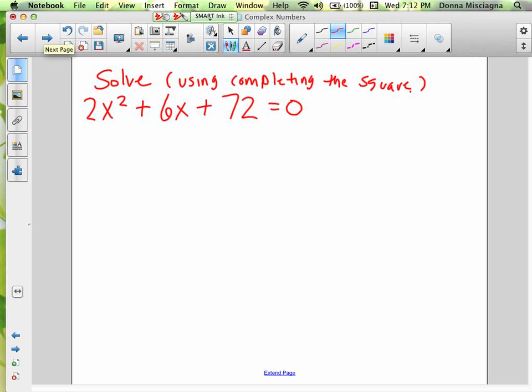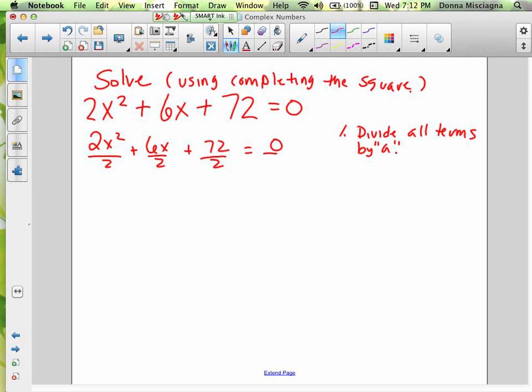Our first step is to divide all terms by a. So that's 2. So we have 2x squared divided by 2 plus 6x divided by 2 plus 72 divided by 2 equals 0 divided by 2.